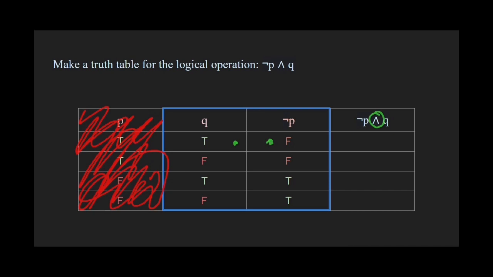If it has even one false, then this and this aren't true. And is the key word here. So, true false gives us false. False false obviously gives us false. True true gives us true because this and this are true. And lastly, false true gives us false.